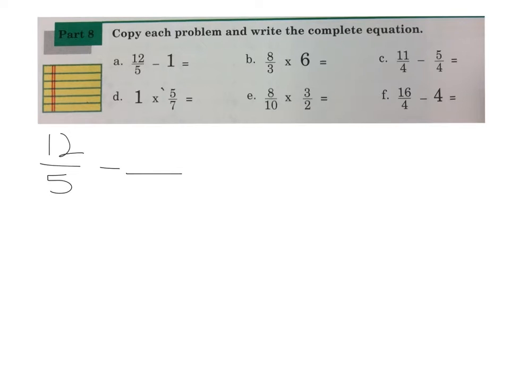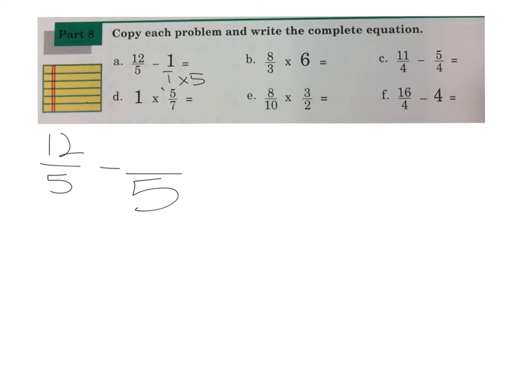And I know that if I just had 1 over 1, that is a whole number changed into a fraction, but my bottom numbers don't match. So I have to change this to match. So I know that 1 times 5 will give me a bottom number of 5.